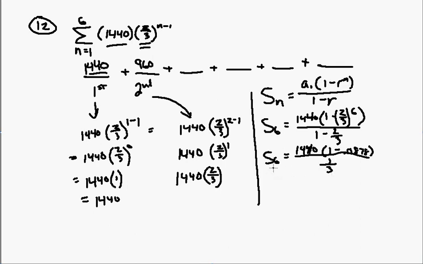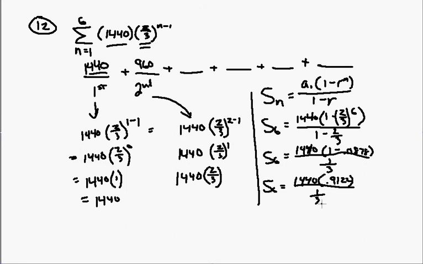Now I'm going to take 0.0878 and subtract that from 1, and I get another ugly number. S sub 6 is equal to 1,440 times 0.9122 over 1/3.